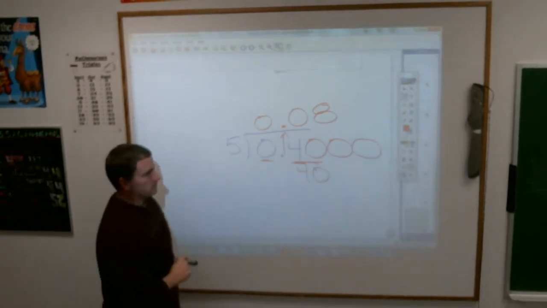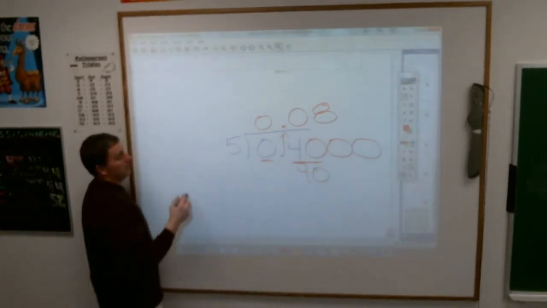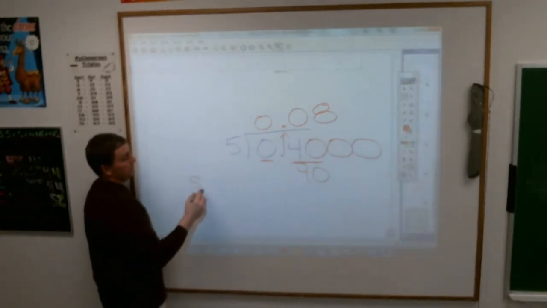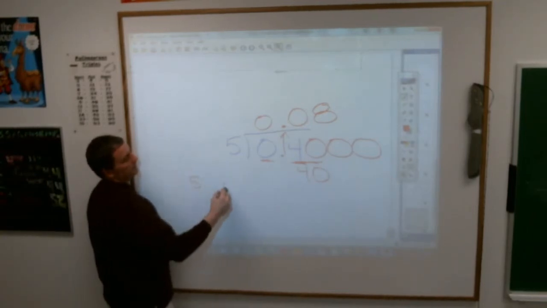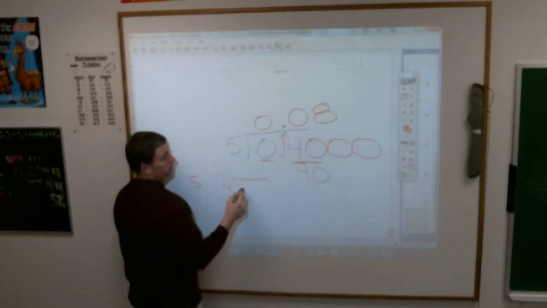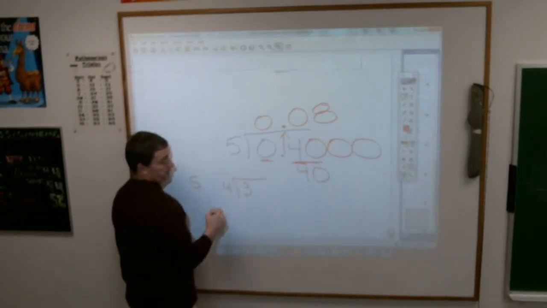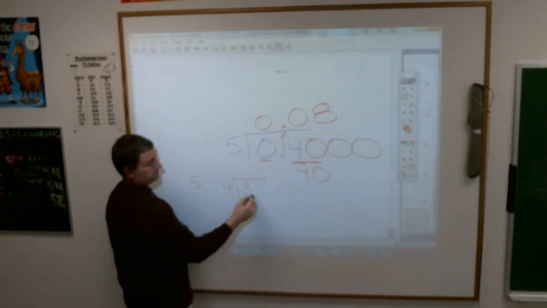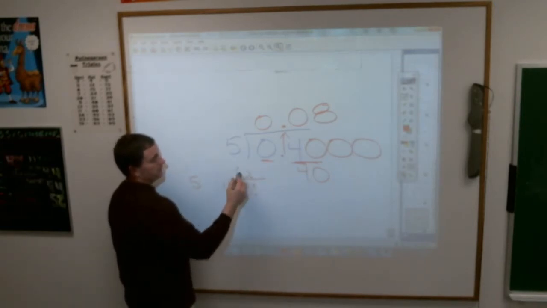Okay. But if you were taking 4 into, say, 3, you bring up that decimal. 4 doesn't go into 3. 4 does go into 30.